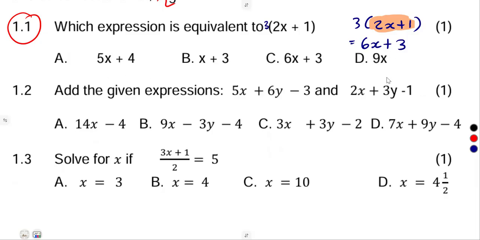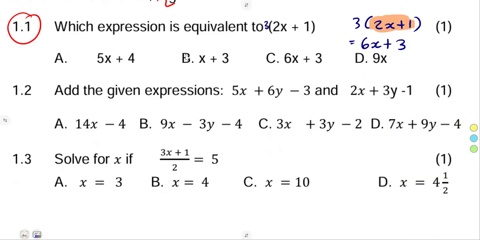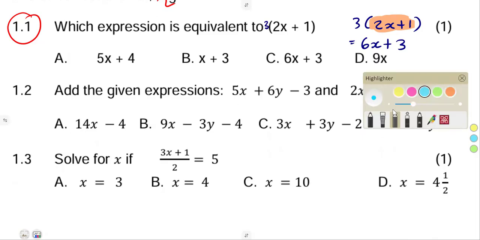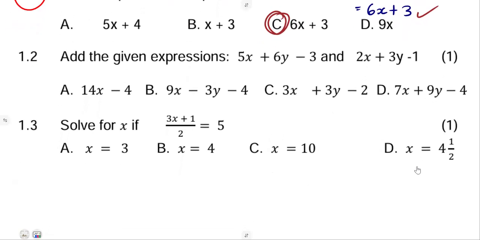So of these answers, 6x plus 3, the best answer was going to be on our B. Sorry, that is the correct answer on C, this one, 6x plus 3. So make sure you take the correct answer there.